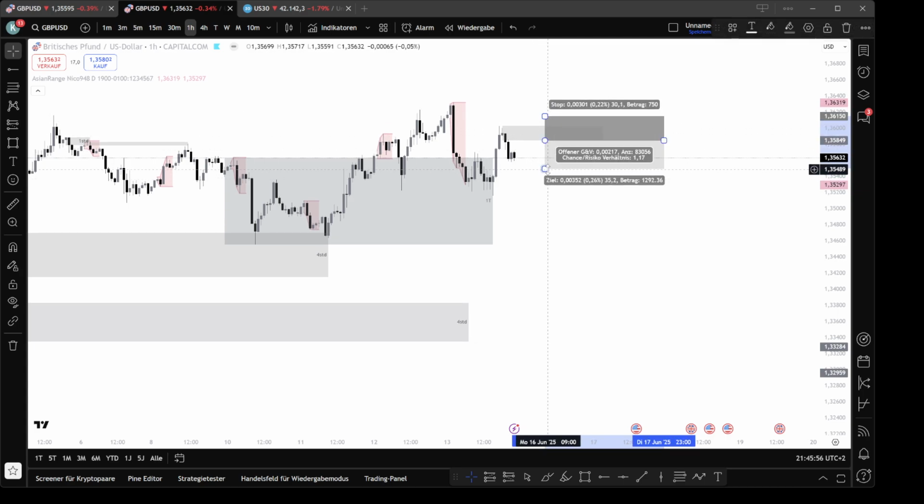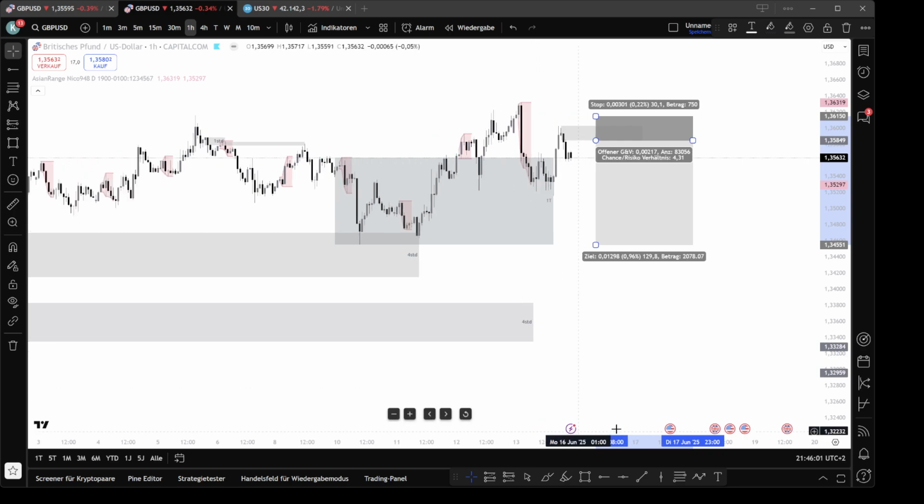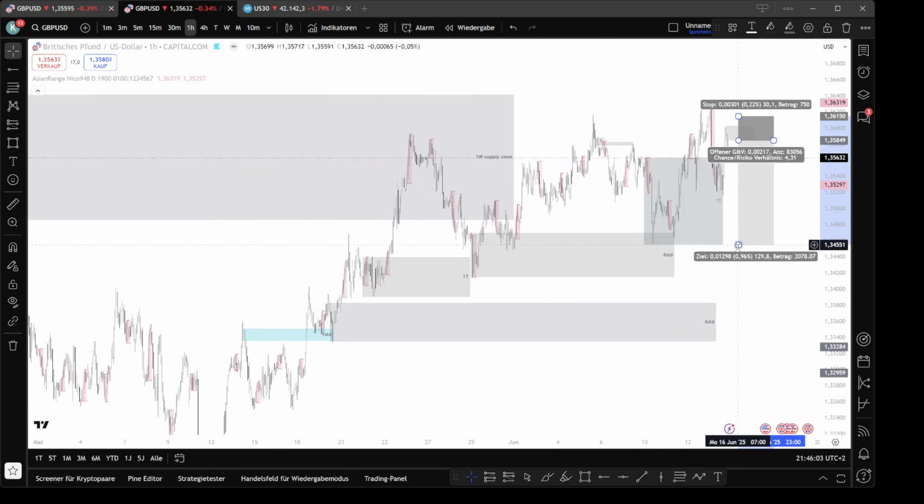This is exactly what I'm targeting, this low. Moreover, since I'm bearish, I'm targeting the market to sweep out this liquidity. We have a lot of liquidity sitting within this area.